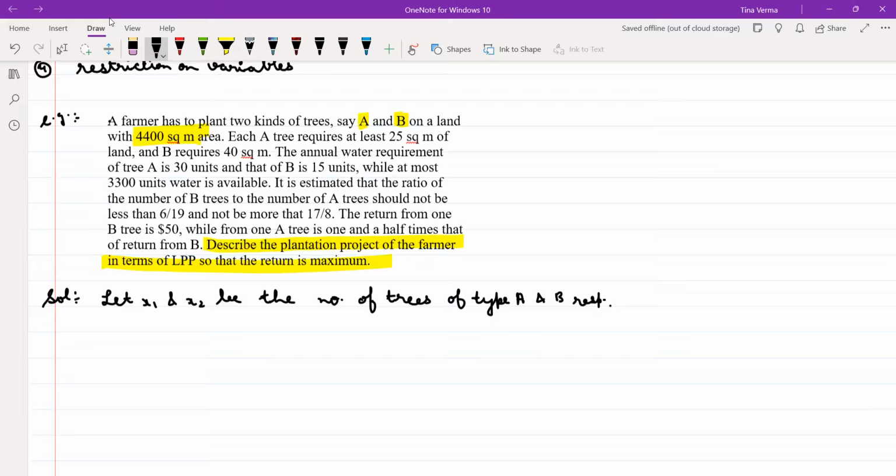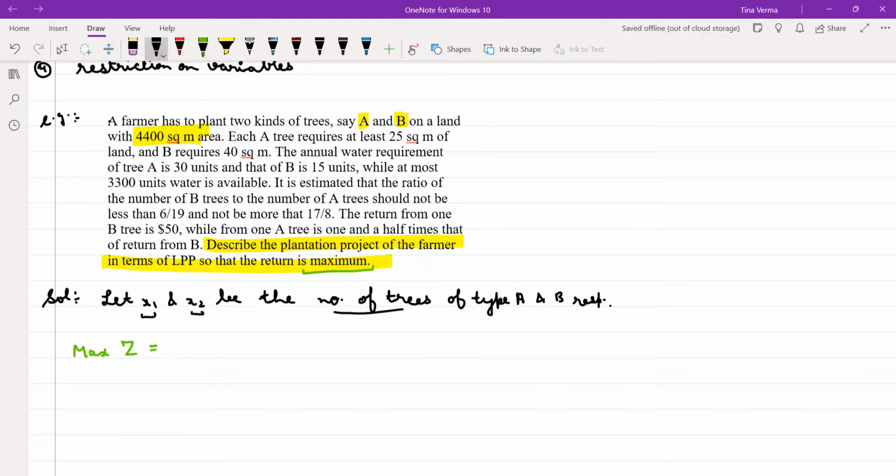Then you have to manage how many trees of type A and how many trees of type B you should plant so that the return is maximum. Since your decision variables x1 and x2 deal with the number of trees of type A and type B, and the return is to be maximum, my objective function will be maximize Z.